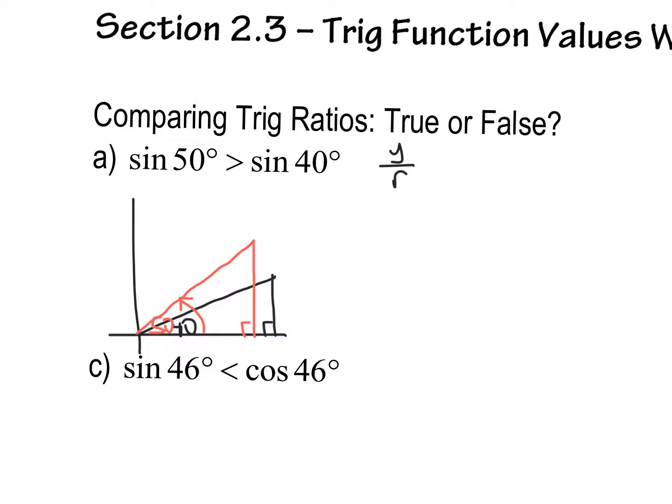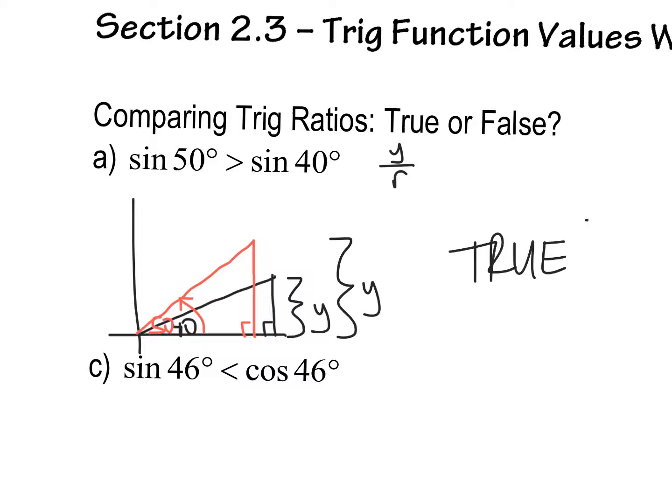You can see that the y value went from something small to something bigger. So the sine of 50 degrees is in fact bigger than the sine of 40 degrees. This is true, because sine uses the y value, and when I went from 40 degrees to 50 degrees, the y value of my triangle got bigger.